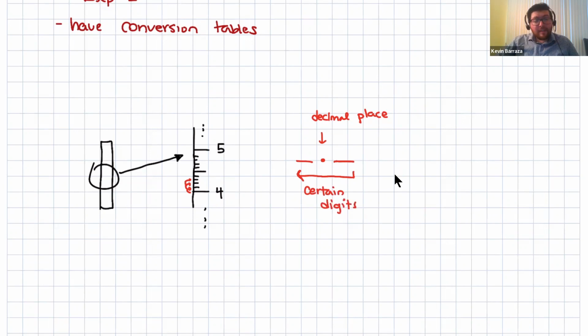That means that for this particular instrument, we're always going to go first by counting the tick marks to get to the 10th place, the first decimal place of the instrument.